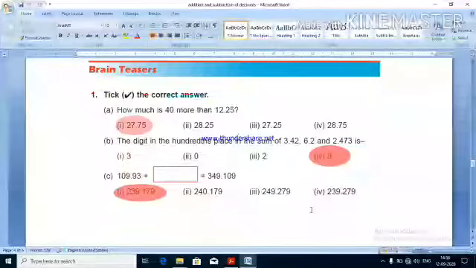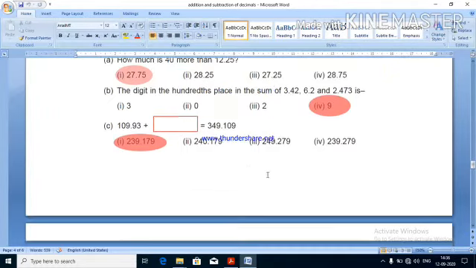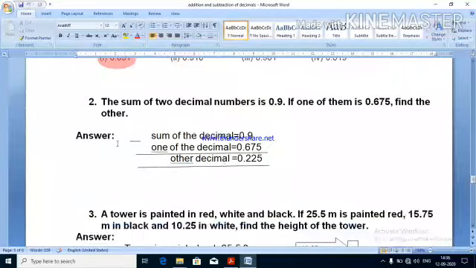Next one is brain teaser. The brain teaser is a collection of all those sums, and all the questions and their answers are given. So you have to go through the videos, and all the answers are already done for you. If the sum of two decimals is 0.9, and one of them is 0.675, find the other.